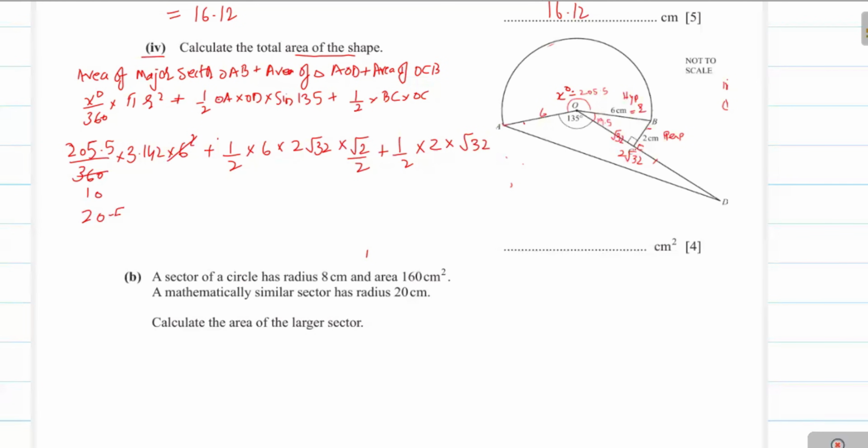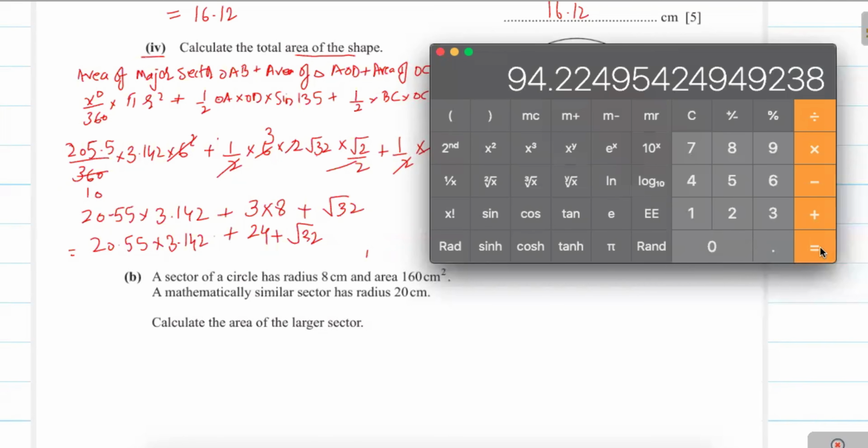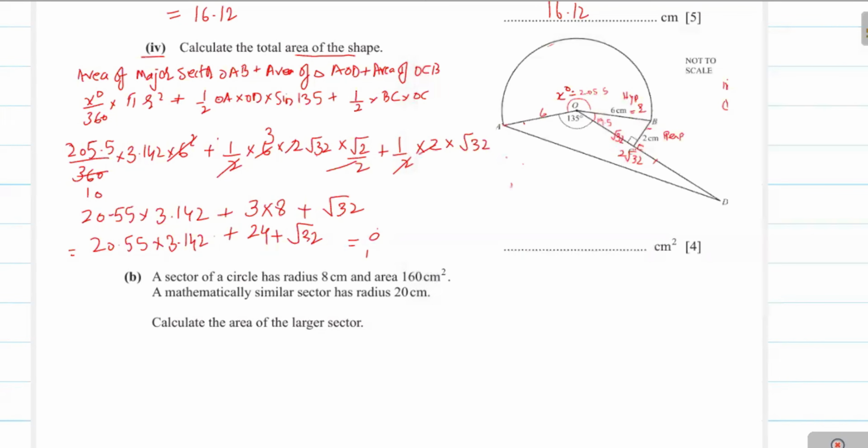We write 20.55 into 3.142, plus 2 will be cancelled, and 2 times 3 is 6. Now square root 32 into 2 is square root 64, that's equal to 8. 3 into 8 plus square root 32, and this value is equal to 94.22 centimeter square. The 3 SF value will be 94.2 centimeter square, is the answer.